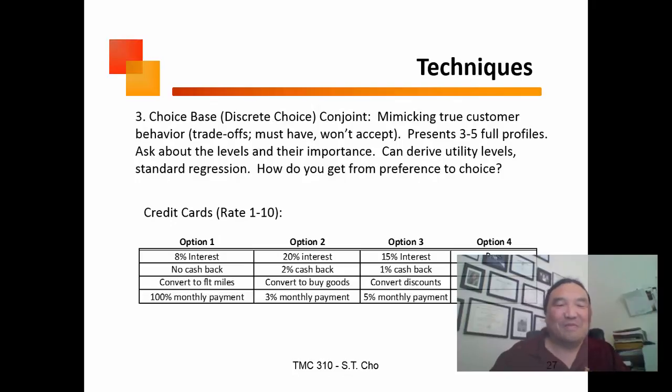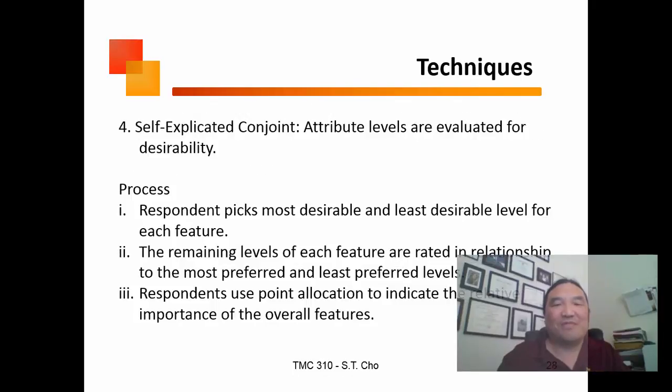Choice-based, which I talked about once before. Choice is about you actually give them choices, profiles of products that actually exist. So this isn't a preference. This now becomes a choice. Self-explicated conjoint is basically the attribute levels are evaluated to see how desirable they are.